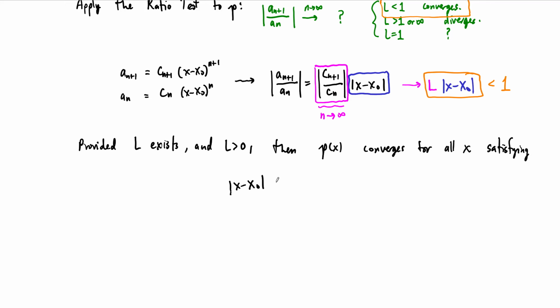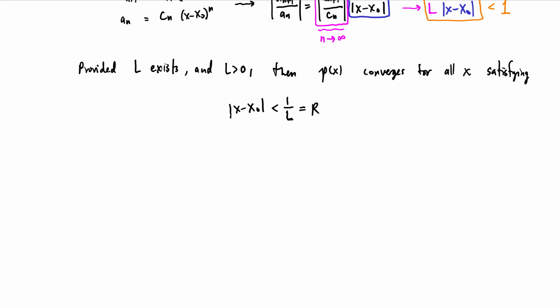That's the center, has to be less than this ratio 1 over L. And we've assumed L is greater than 0, right? And we're going to call this ratio 1 over L equal to R, just so that we're going to be able to compute this, and this will just be a number. We'll call this number R. And this R is the radius of convergence of our power series.